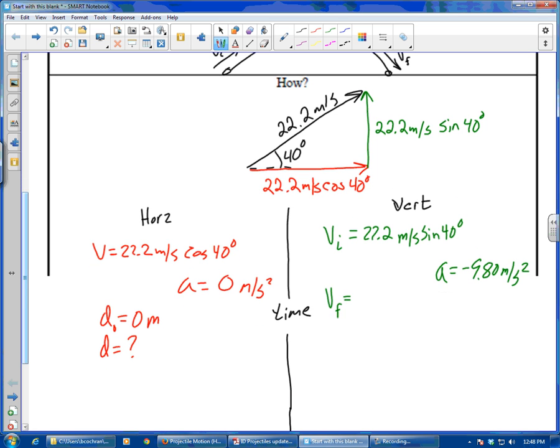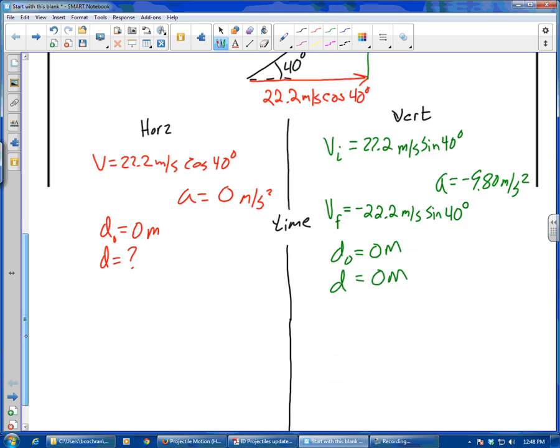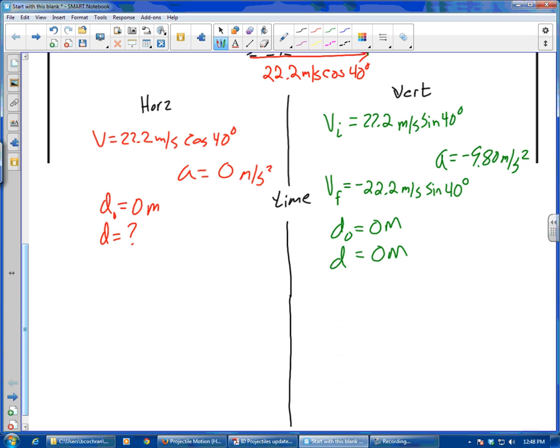So the symmetry tells me the V final vertically is going to be negative 22.2 meters per second sine 40 degrees. My D naught is 0 meters. My D final is also 0 meters. I land back at the same height that I took off from.